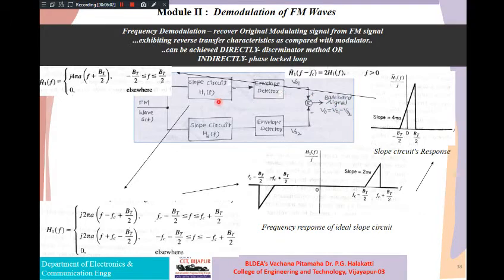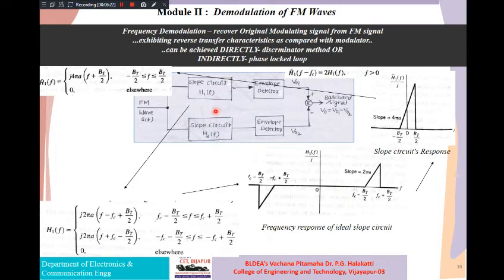Now what we are focusing on in today's discussion is the nature, properties or characteristics of this slope circuit. Why are we using two slope circuits here, not one?